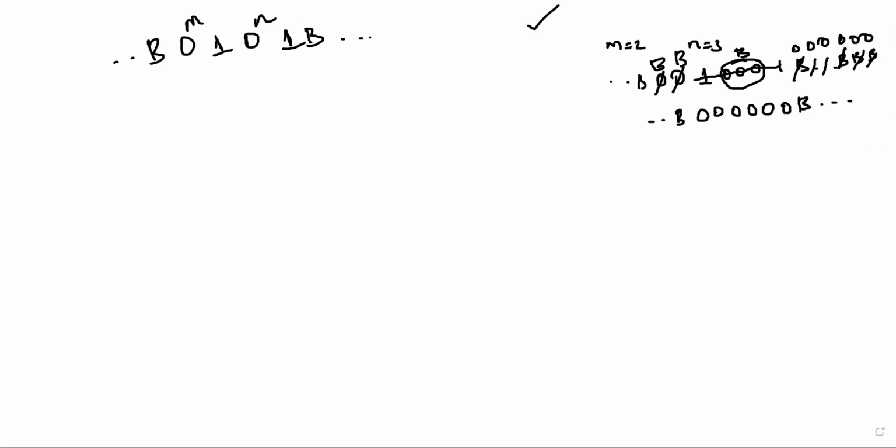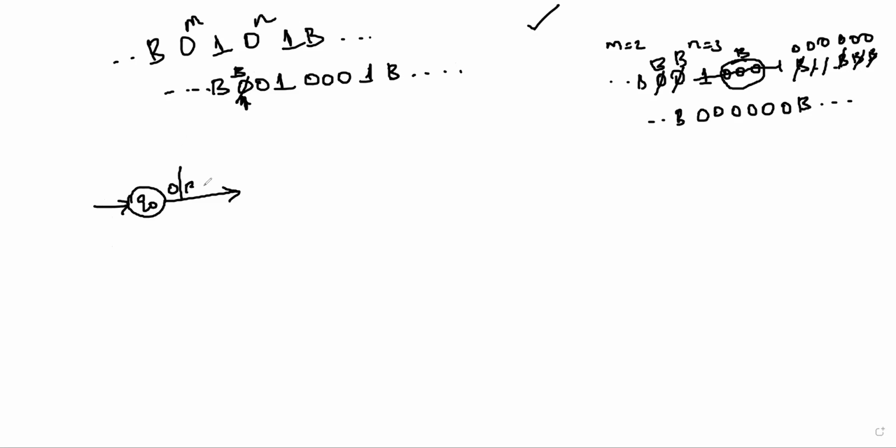Let's see one example. I'll draw the diagram. 0, 0, 1, 0, 0, 0, 1. This is blank, and this is also blank. I'll start here with Q0. First, what is the symbol you are having? 0. I want to change the 0 into blank, so 0 slash blank, move to right hand side.